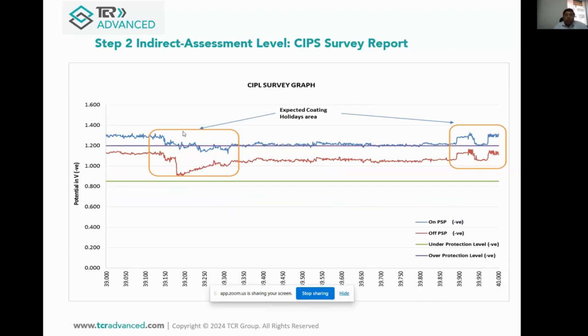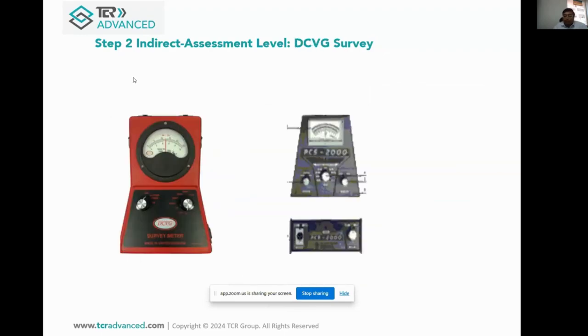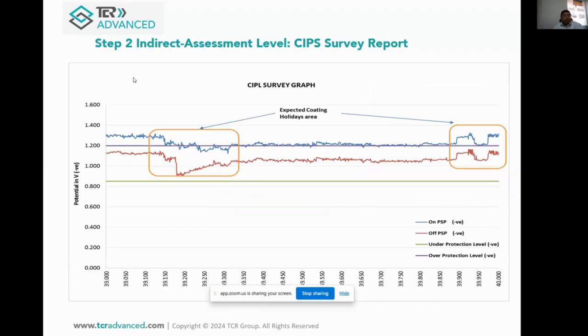Now if you see carefully with this survey, from 39.150 to 39.30, almost 150 meters of holiday area is expected. You cannot excavate the entire 150 meters, it's a costly method.